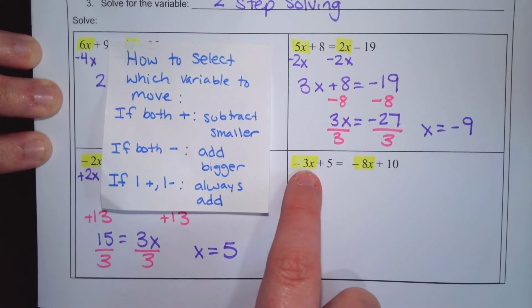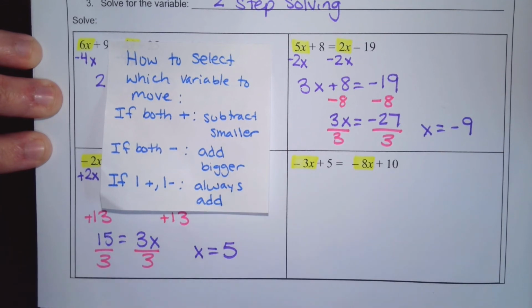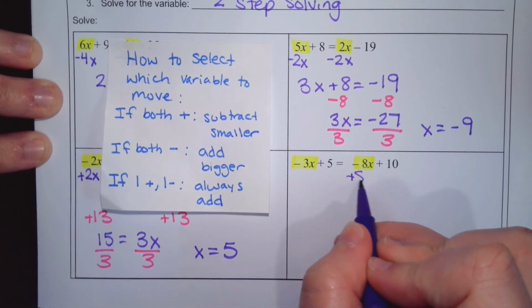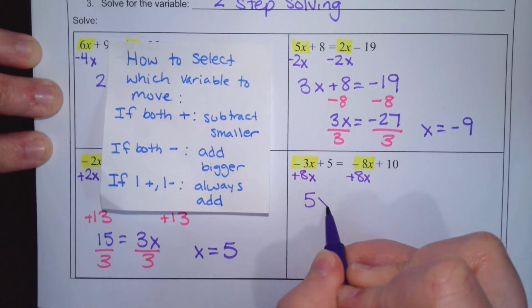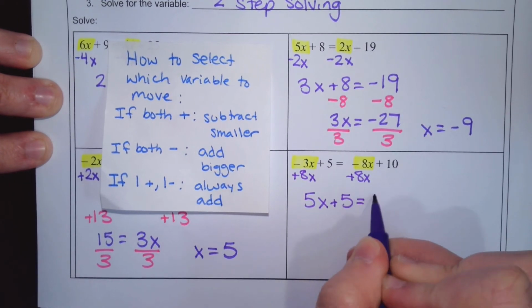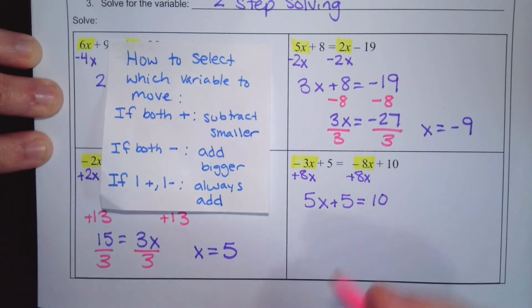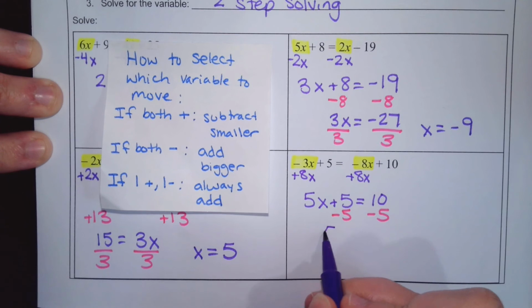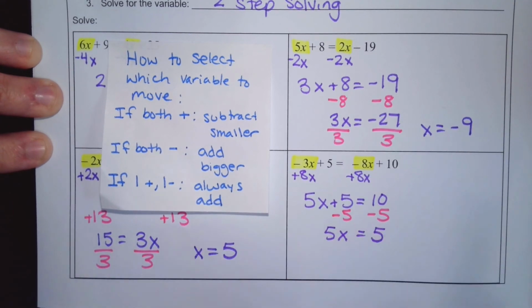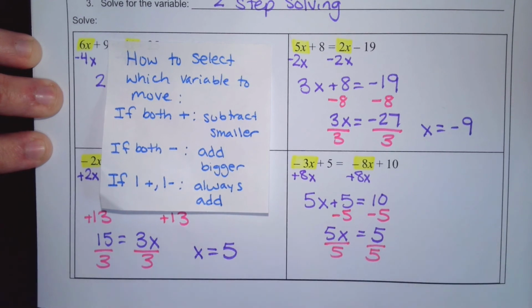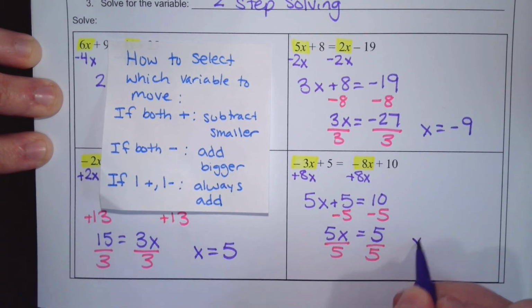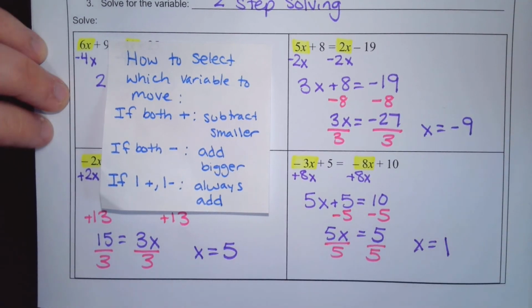So which is bigger, 3 or 8? 8 is bigger, so we add 8x to both sides, and we get 5x plus 5 is equal to 10. Subtract 5. 5x is equal to 5. Divide. And we end up with x is equal to 1.